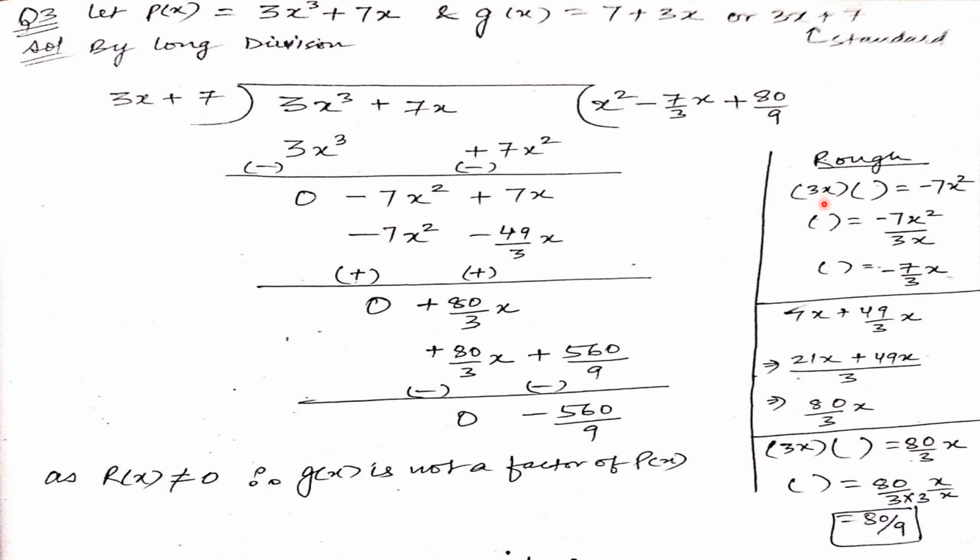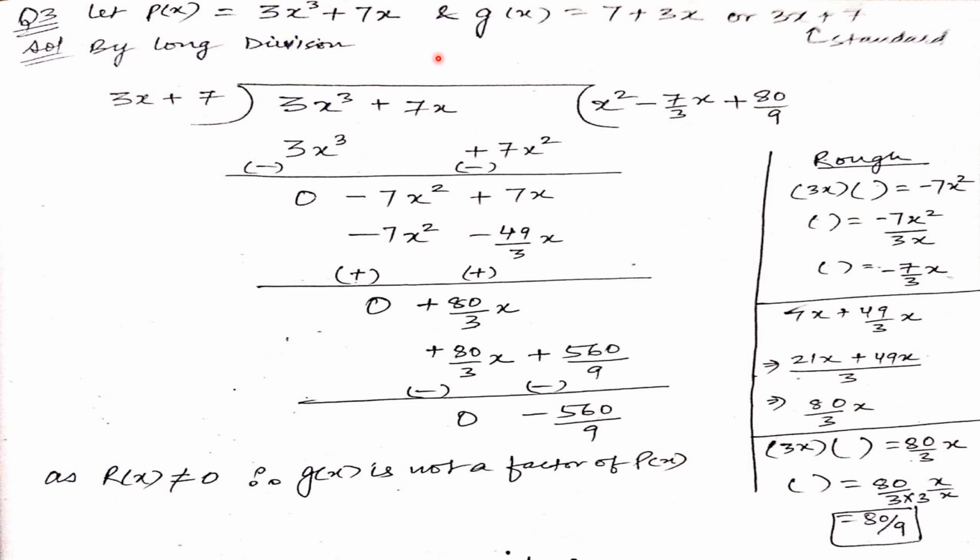This is in multiplication. It comes in division. x and x square, what will happen? x power 2 minus 1. x will remain here and we will have minus 7 by 3. So we can say we have to multiply the given divisor with minus 7 by 3 x. Let's write it over here. So the next term in quotient is minus 7 by 3 x.